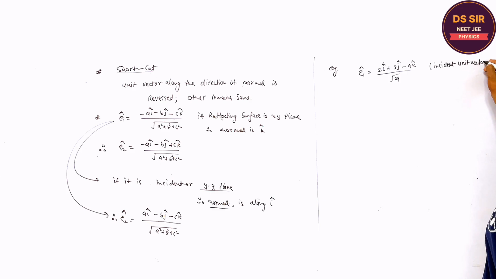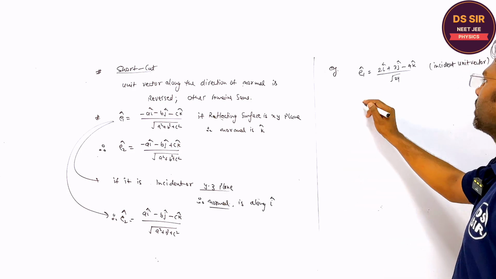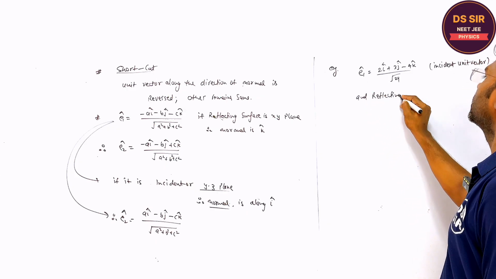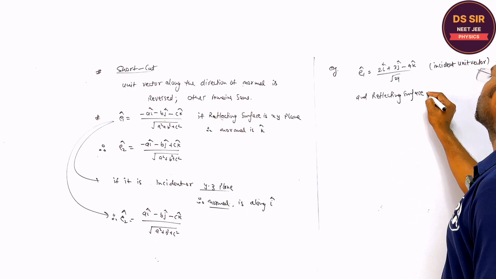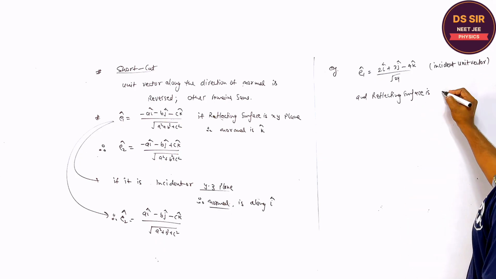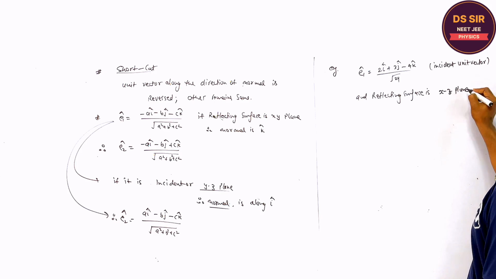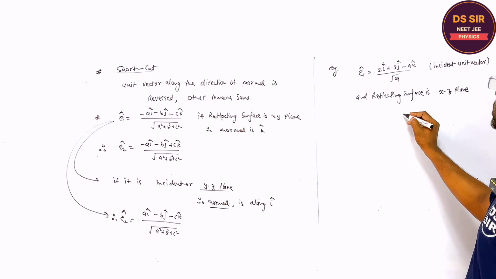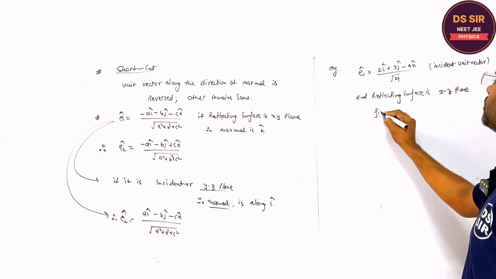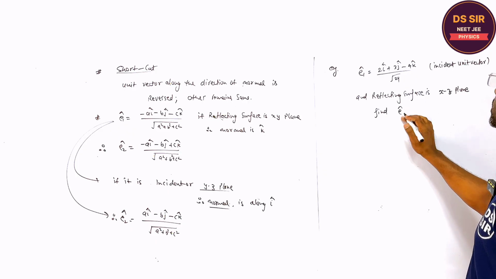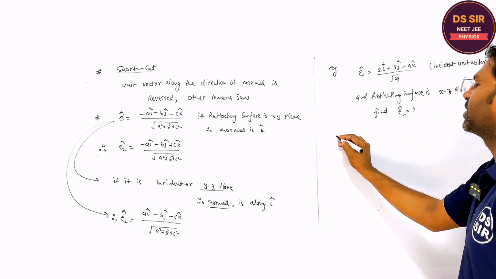I am writing in short. And the reflecting surface is, suppose, the xz plane. Are you getting? Reflecting surface is the xz plane. So what is the normal? And find the unit vector along the reflecting ray.